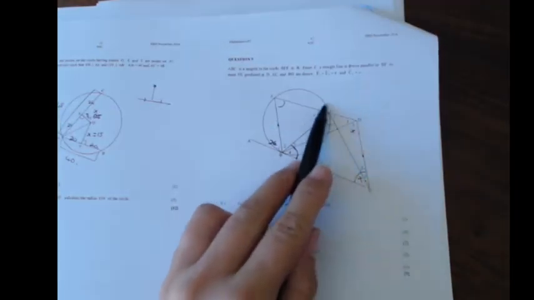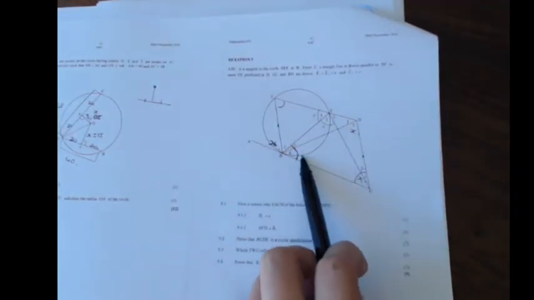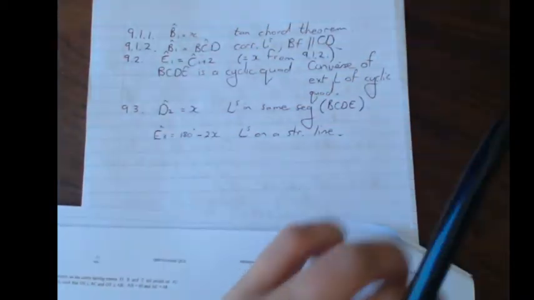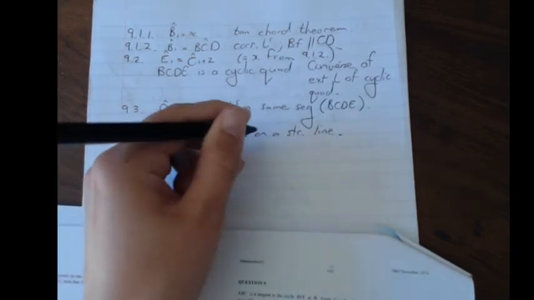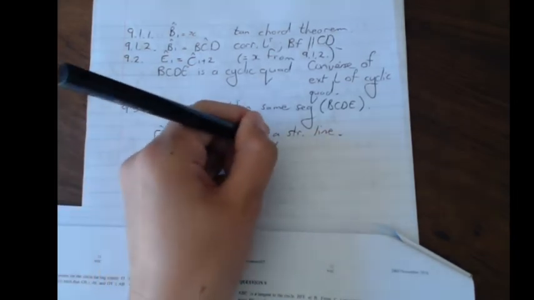Then in this cyclic quad, that angle is equal to that one. So B4 is also 180 minus 2x, because they're angles in the same segment.